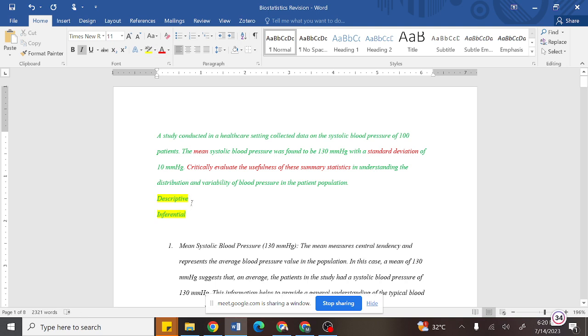Now, when we talk about descriptive, we are talking about summarizing data.